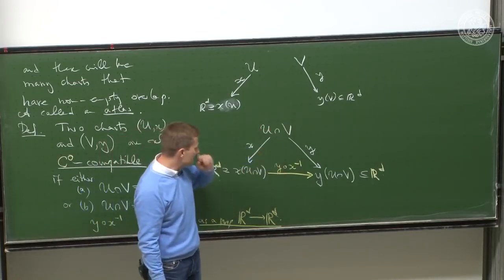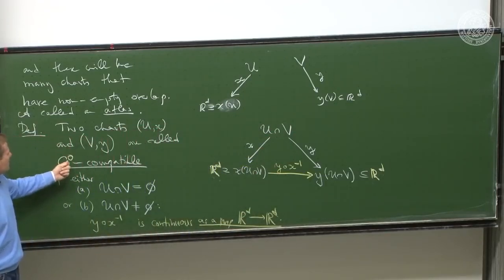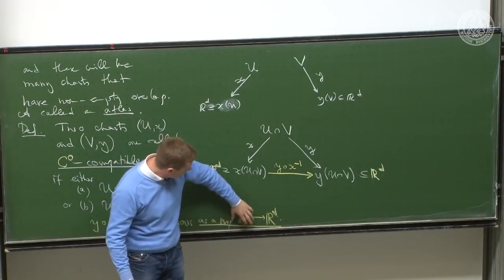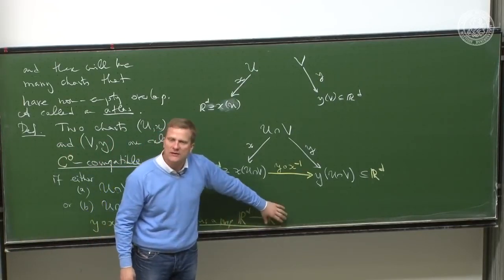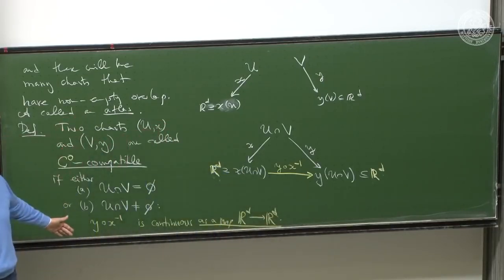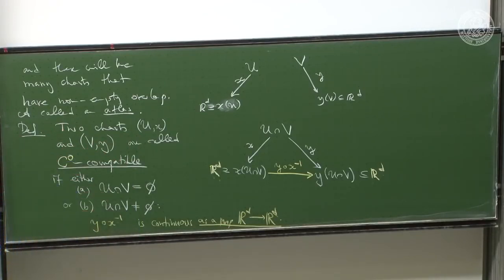What we will do instead is later require that two charts be C1 compatible, C2 compatible, so that these maps shall be continuously differentiable once or twice or k times or infinitely often as maps from R^D to R^D. Because we understand differentiation on R^D, we can do this later on. It's only for topological manifolds that we introduce the notion, and later on we refine it. So as I said, fully redundant, but it's a useful notion.